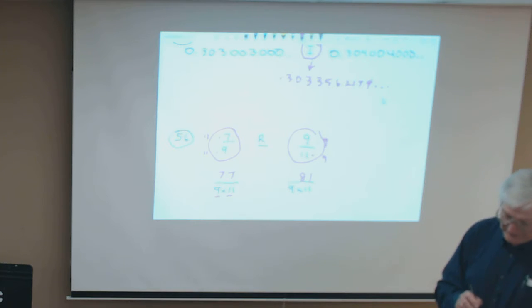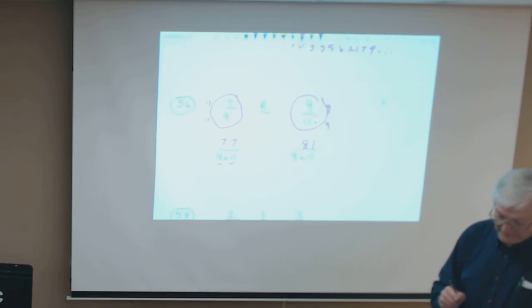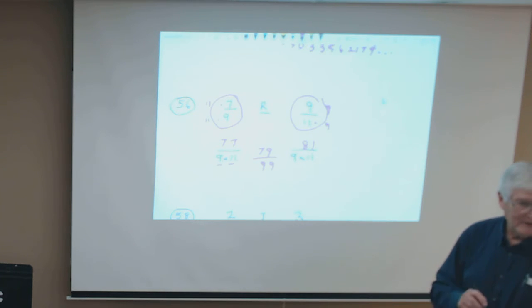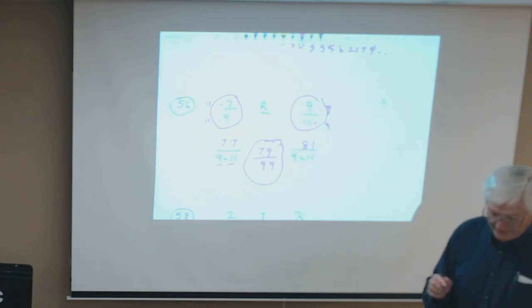So where's a number between 77 and 81? Someone give me one. 79. 79. And then I make a fraction line, and that's over 99. Everybody follow that? 9 times 11. And there you go. I just made a fraction between those two. And it's rational.